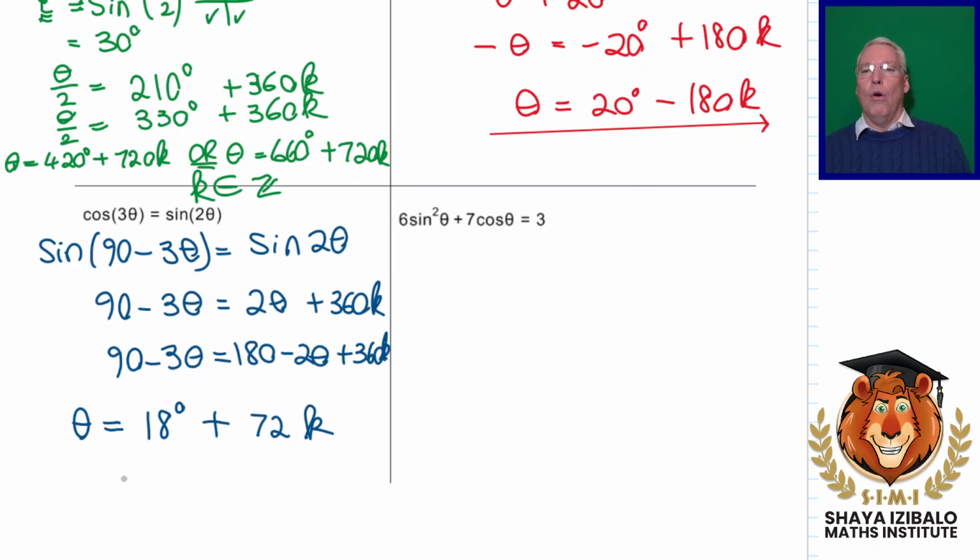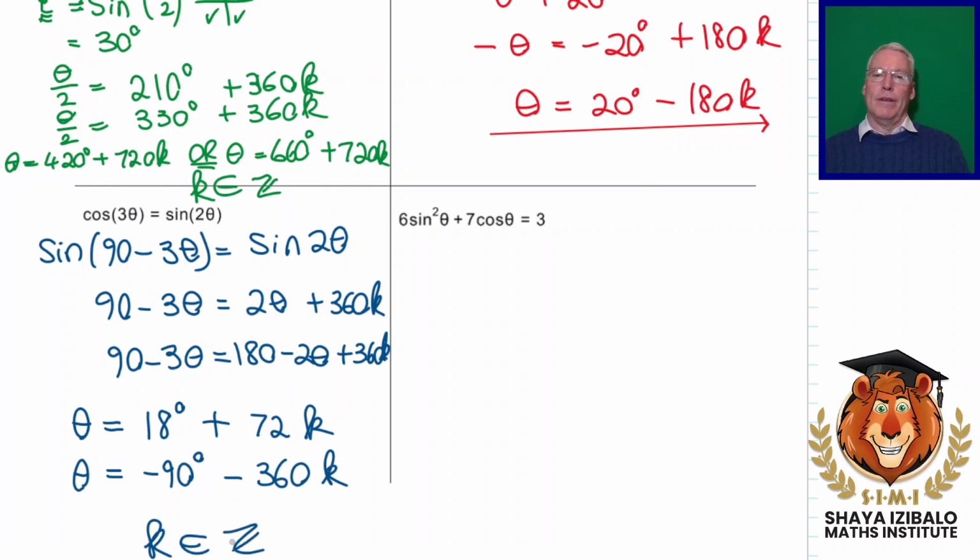Okay. Or here, if we add 2 theta to both sides, we've actually got a negative theta. Subtract 90 from both sides, we've got 90. When we divide through by minus 1, we get negative 90 degrees minus 360k. Right. Both of these, k is an element of integers.